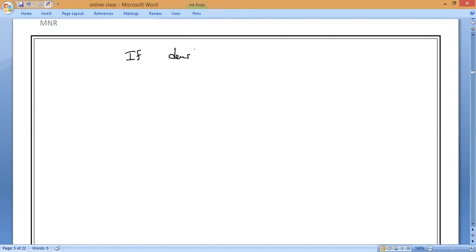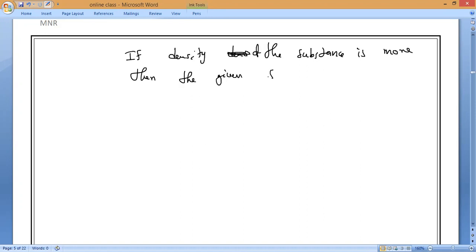That is heaviness. So if the density of the substance is more, then the given substance is heavy. Understanding? Heavy means very more mass.